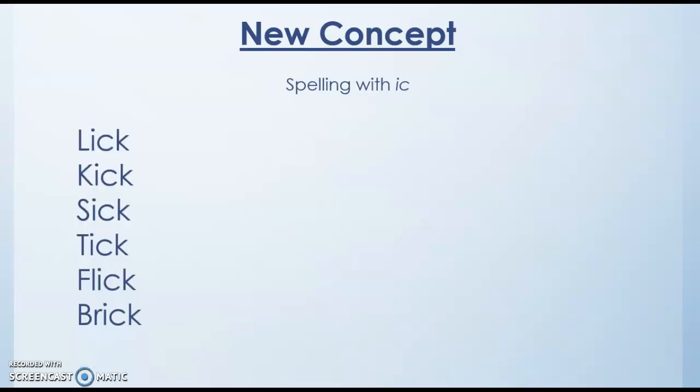This is just a quick review. Remember lick, kick, sick, tick, flick. Public. Why would that ick not have the K on it, while the other ick sounds end with ICK? Public over here only has IC. Do you remember? If you remember, nice job.